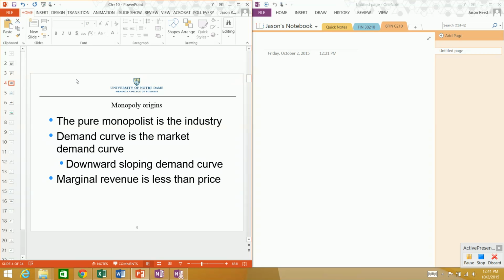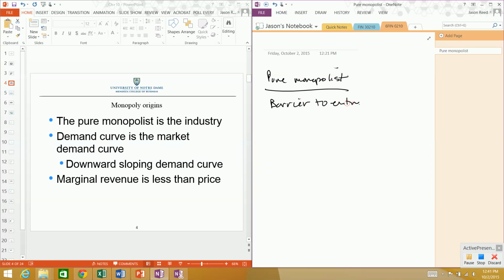But from now on, those are our 3 assumptions, that we have to be a pure monopolist. In order to be a pure monopolist, we have to have some sort of barrier to entry. We have to have no government regulation.